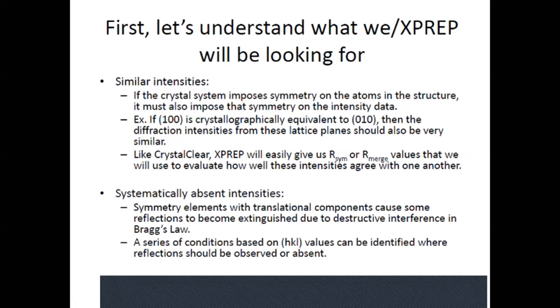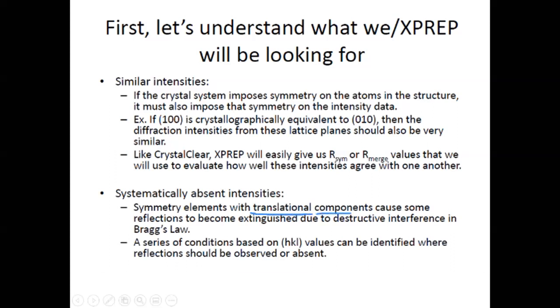We're also looking for ones that are systematically absent intensities. These are symmetry elements with translational components, which cause some reflections to be extinguished due to destructive interference in Bragg's law. So translational components means centering, screw axes, and glide planes.